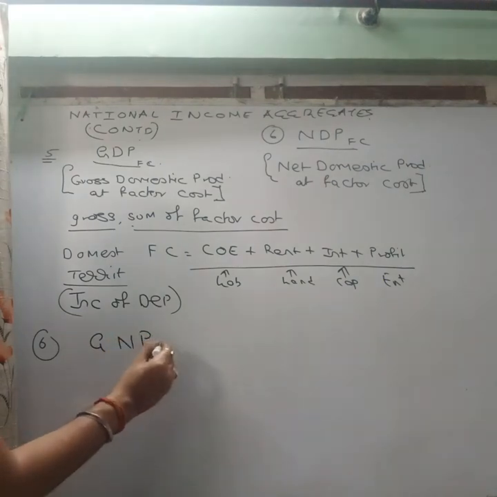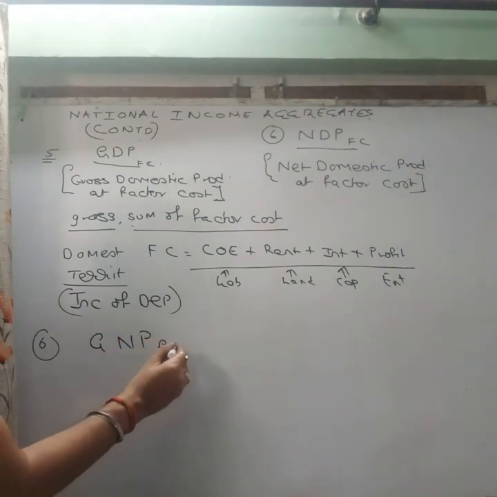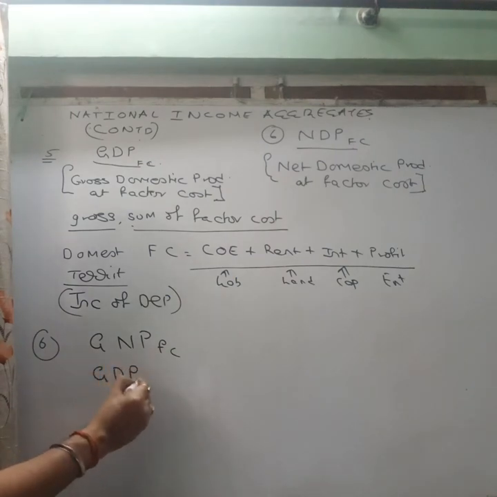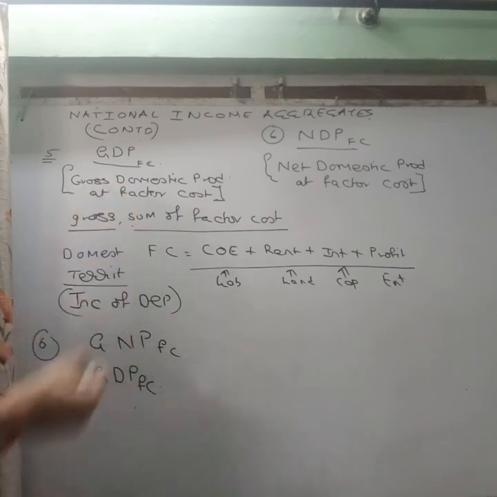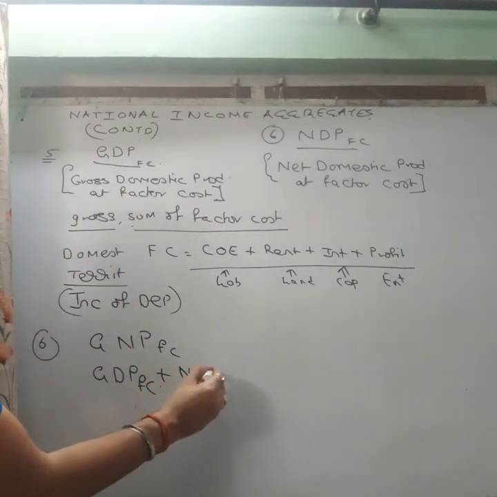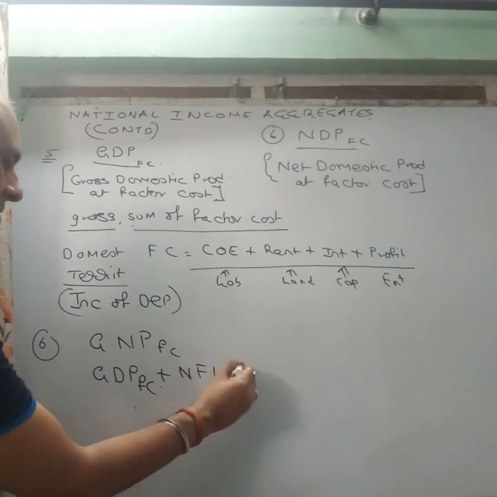Now, if I relate with this one, the next variable which I can easily relate with is GNP at factor cost. Now, what is GNP at factor cost? GNP at factor cost is sum of GDP at factor cost, which we have just found, and net factor income from abroad.